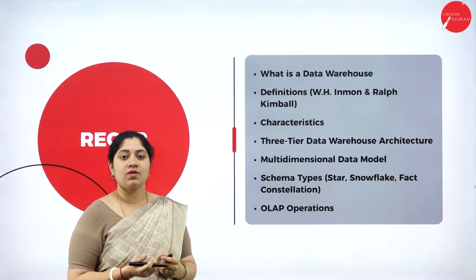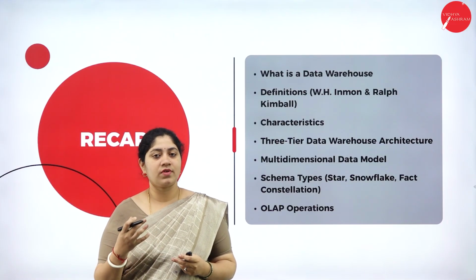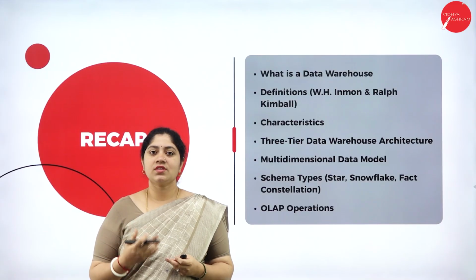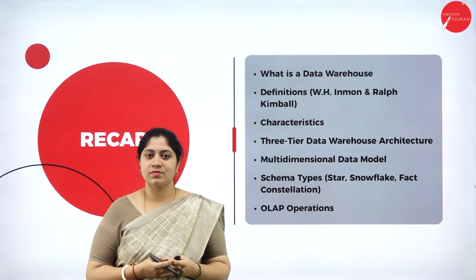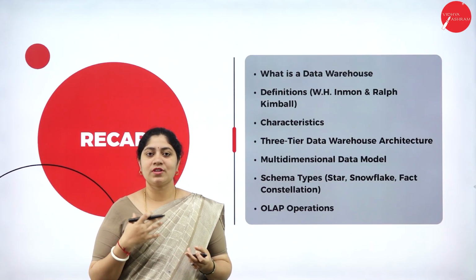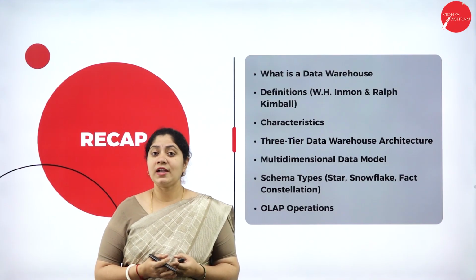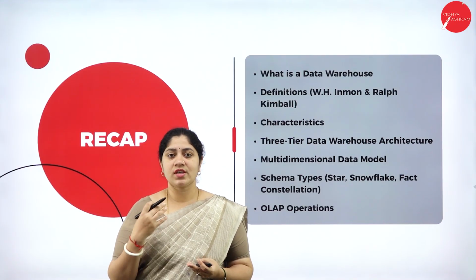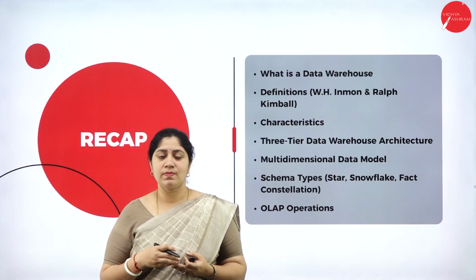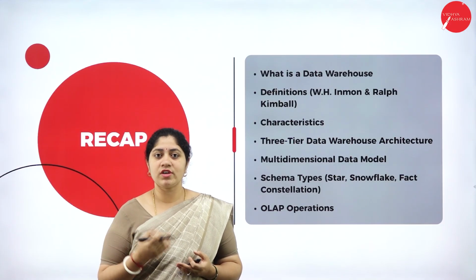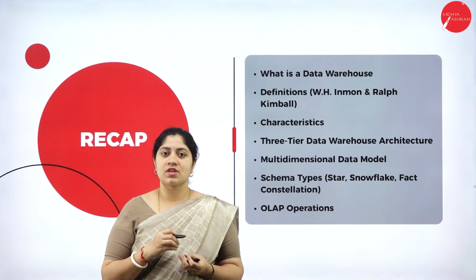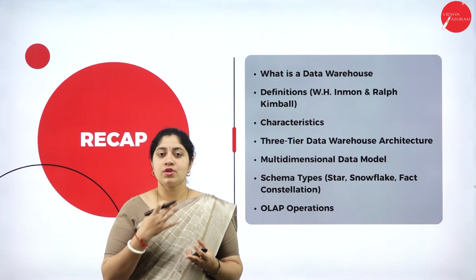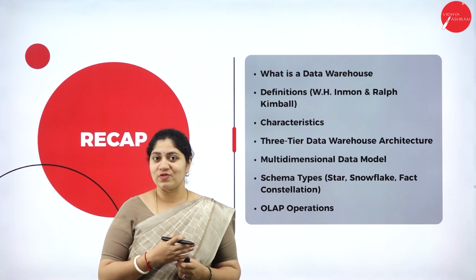Up next, we also discussed the characteristics of data warehousing. Then we discussed the 3-tier architecture of data warehouse. Further, we also discussed the multi-dimensional data model and various schema types. We understood what is schema and what are the various types involved in it. Followed by, we also discussed the OLAP operations. So this was the agenda of session 1.